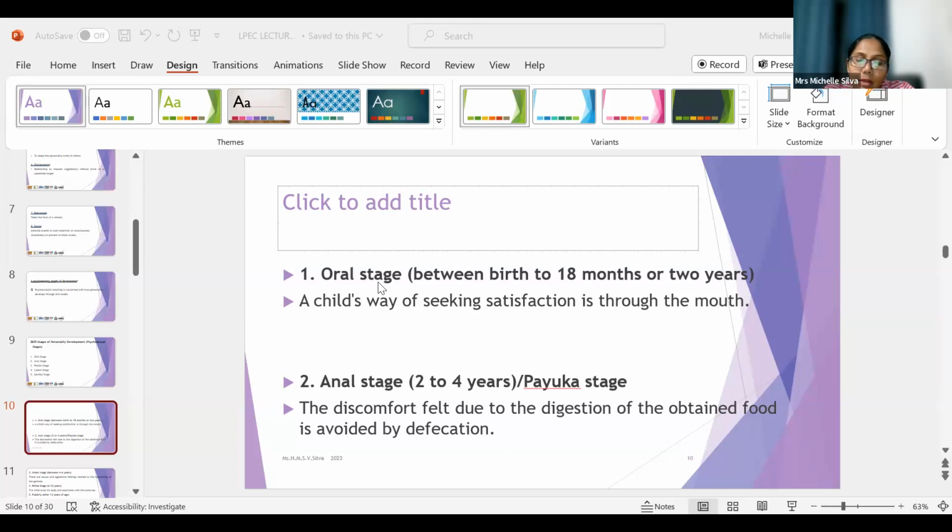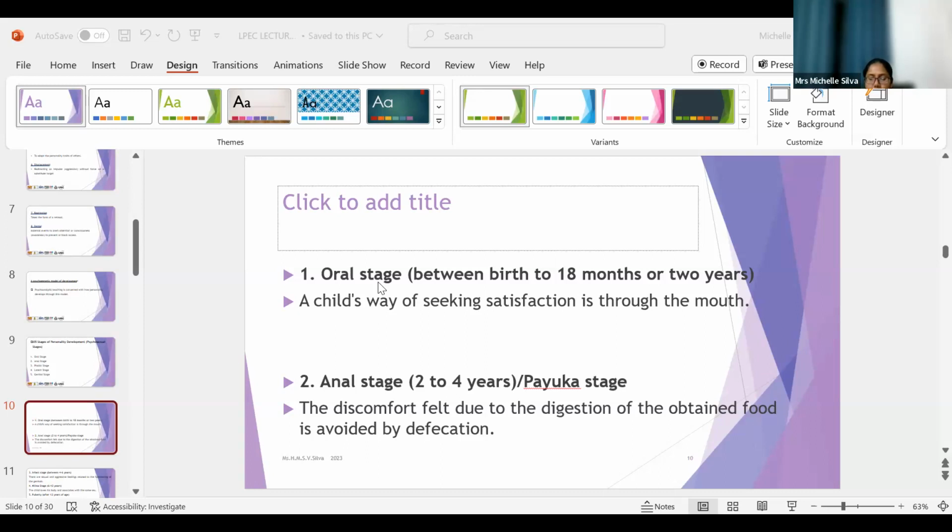Okay, write down: as an adult, what kind of responsibilities do we have towards a child who is in the anal stage.